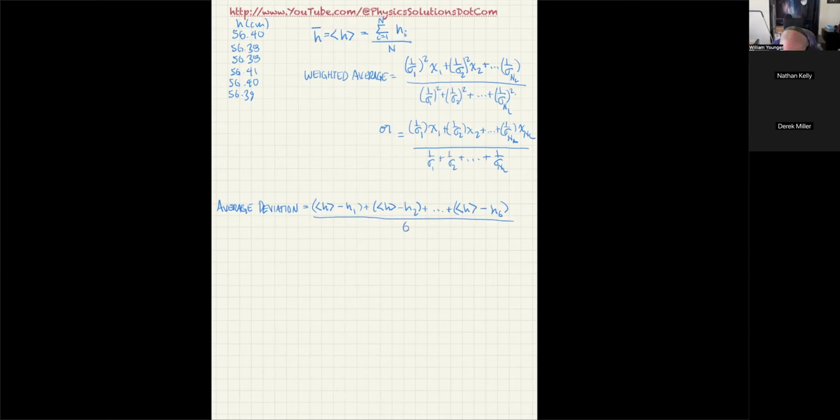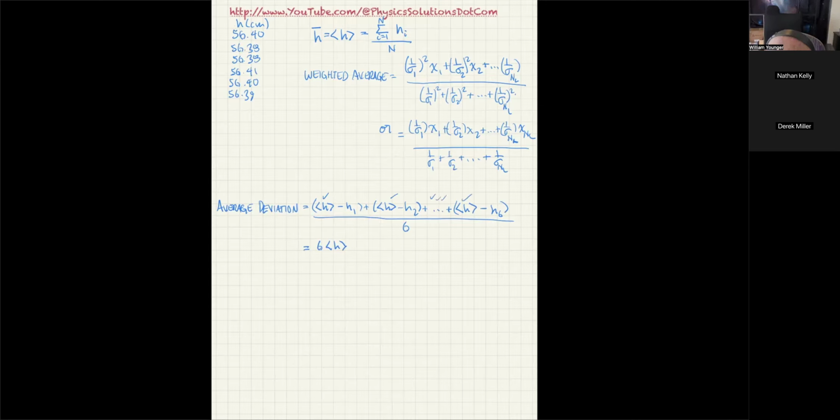Well, when you actually do that math, watch what happens. We're going to get 6 times H bar, or H average. I'm obsessing about individual symbols. I really shouldn't be. But you can see that I clearly get six of those average H's from these in here, and then from this one.